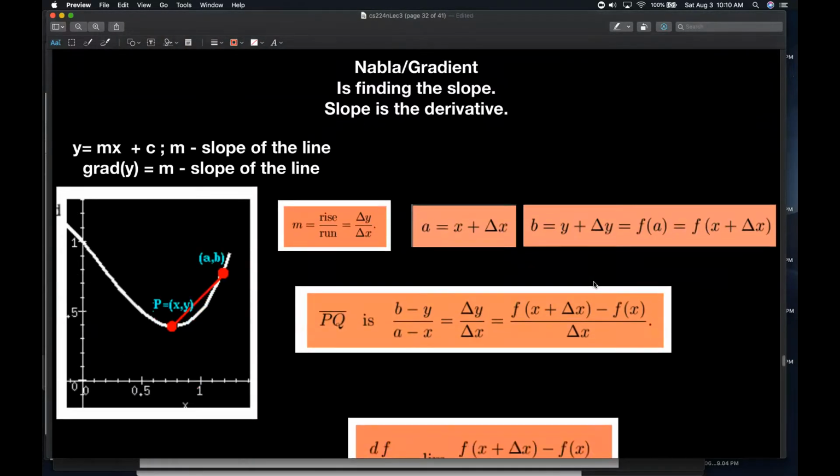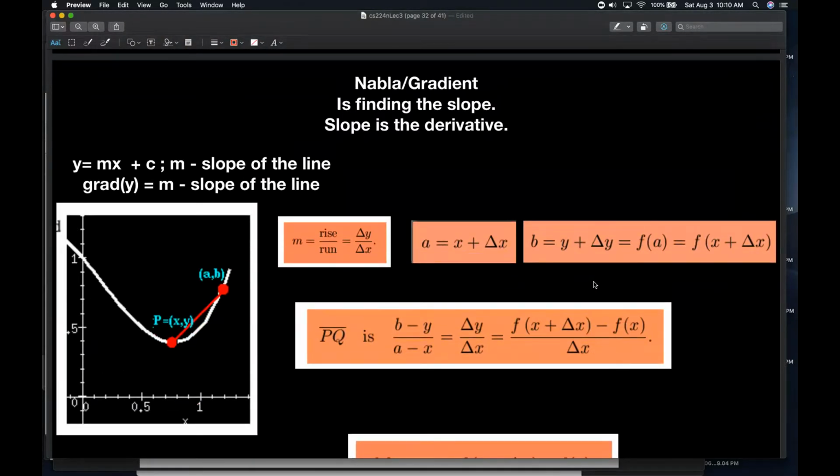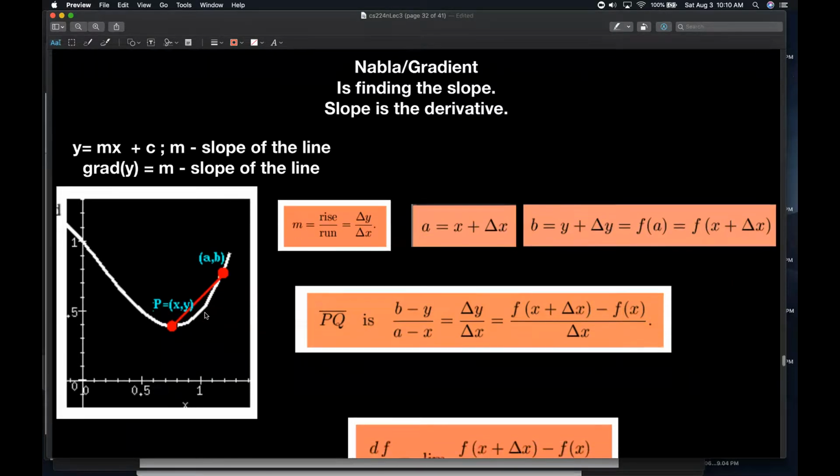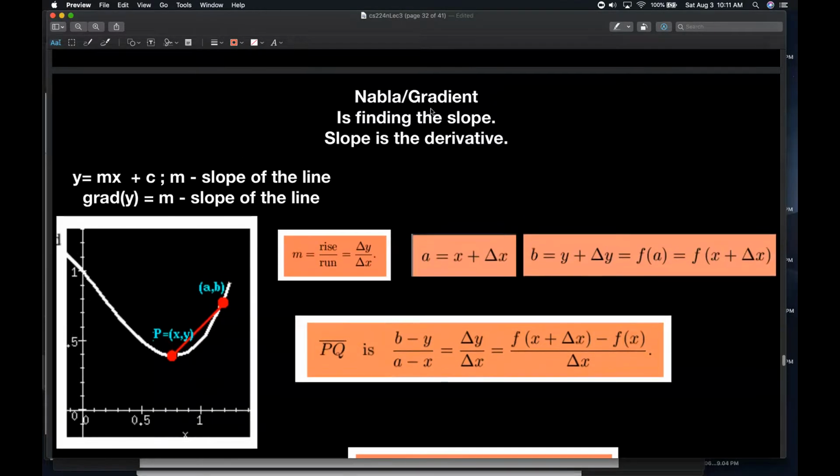Now comes what stochastic gradient descent is and what a gradient is. So let's say you have a curve of this form. Actually, hang on one second. Let's decide what this gradient is. Intuitively, if you know the equation of a line, y is equal to mx plus c, this m is what tells you the slope of the line.